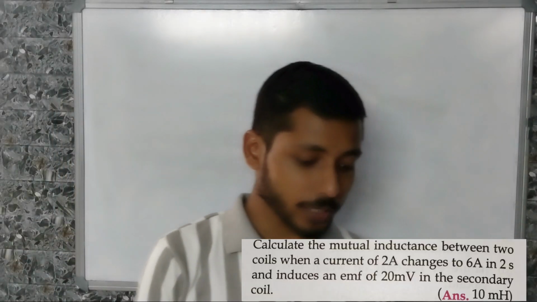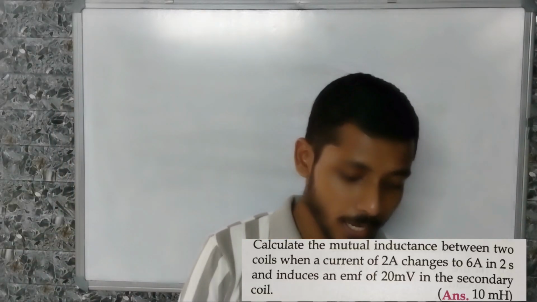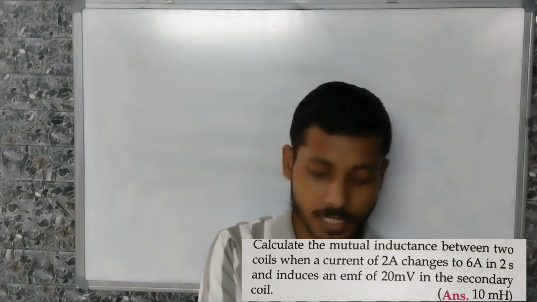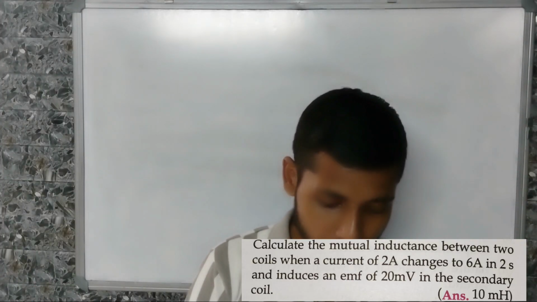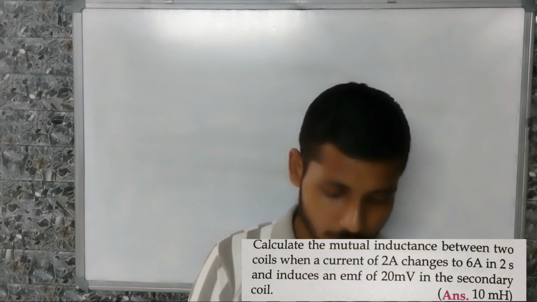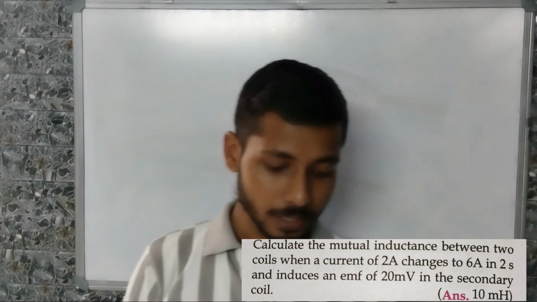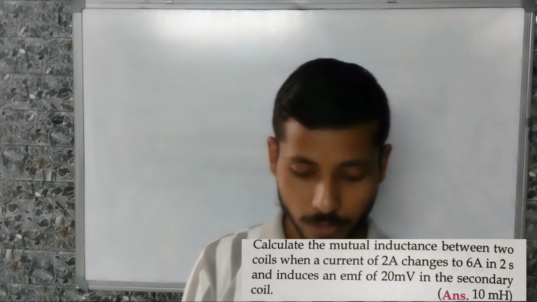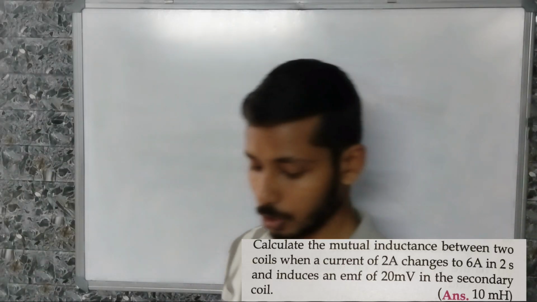Calculate the mutual inductance between two coils when a current of 2 ampere changes to 6 ampere in 2 seconds and induces an EMF of 20 millivolt in the secondary coil.